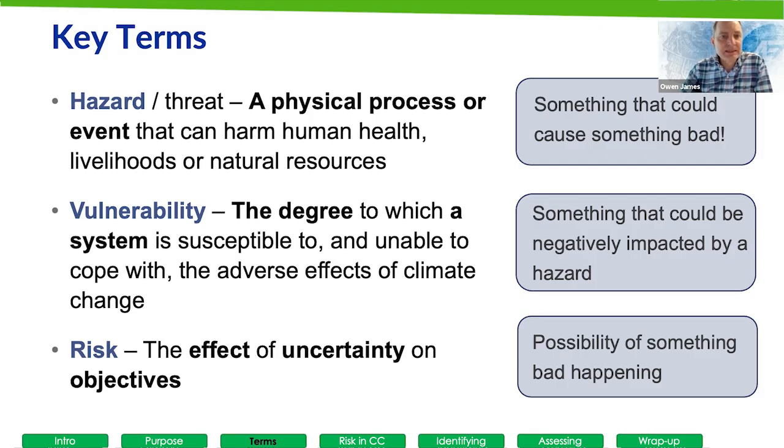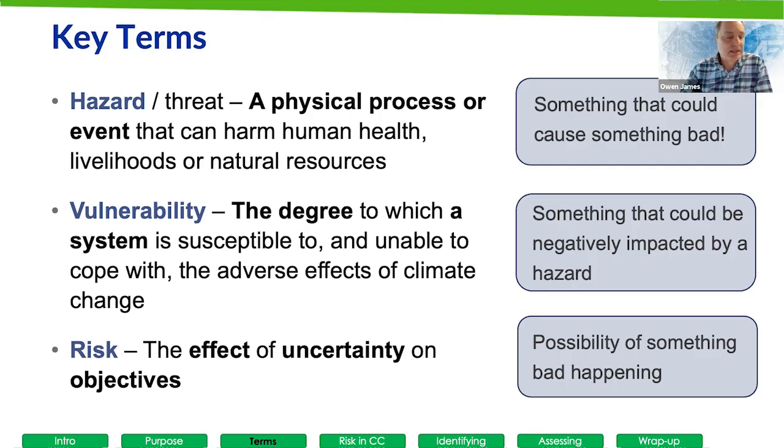A vulnerability. So this is the interaction with a hazard and some sort of a system. So the degree to which a system is susceptible to and unable to cope with the adverse effects of climate change. So I must admit, I start to read these definitions, and this is where I go, what are you trying to say here? So let's think about what vulnerability really is, something that could be negatively impacted by a hazard.